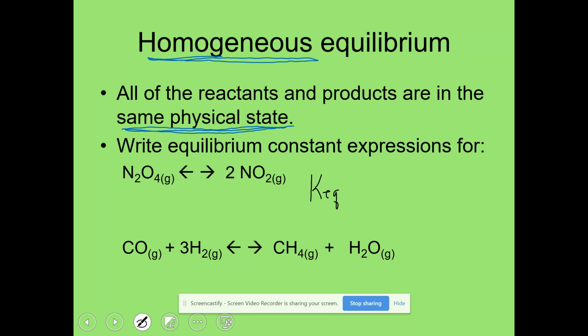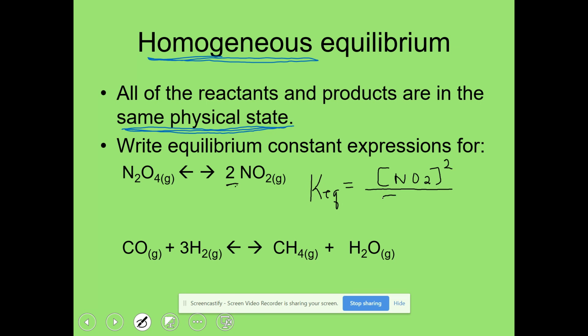That's good. So the KEQ is going to be equal to the products over the reactants. So on the product side, we have NO2, and you put it in brackets because the brackets mean the concentration of. And then since there's a coefficient of 2, whatever number you have there is squared.